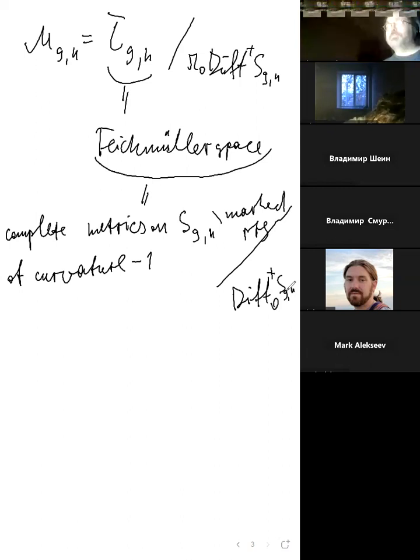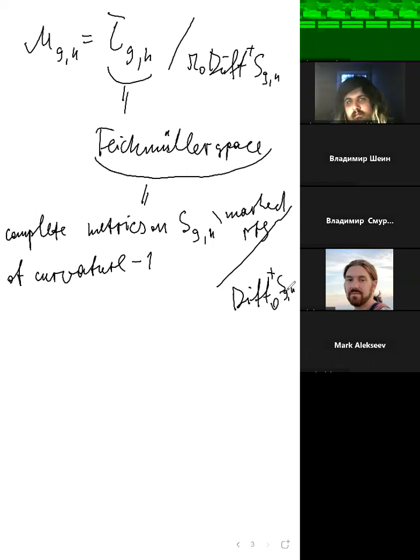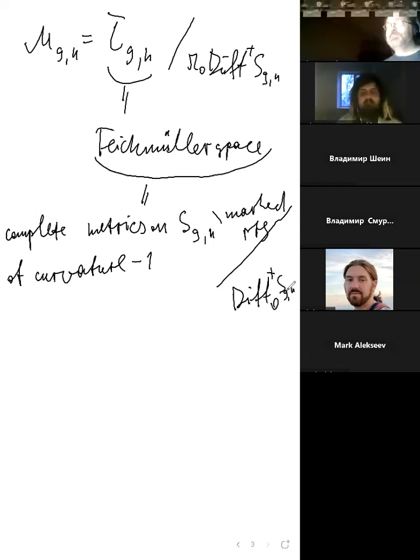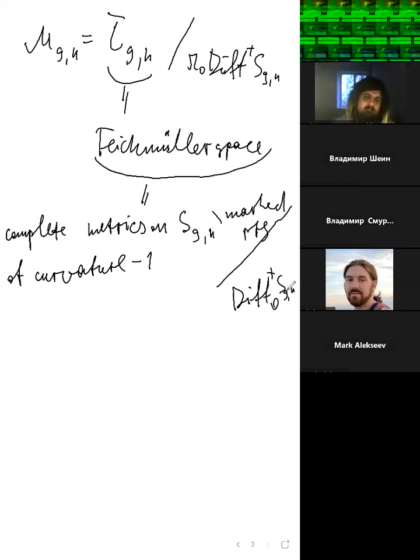Is it still the case that after you delete the marked points, if I fix the complex structure, there's a unique hyperbolic metric of that curvature? Yes, but if you throw away the marked points, it will be non-compact but still complete and of finite volume.